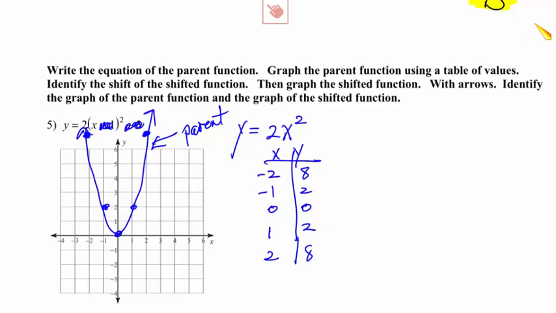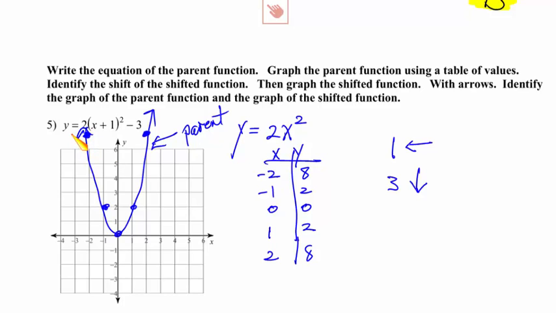Now I'm going to identify the shift. So if I look back on the shifted function, it's going to be 1 to the left and 3 down. So now I'm going to move each point 1 to the left and 3 down.